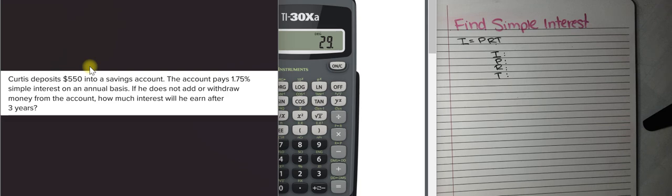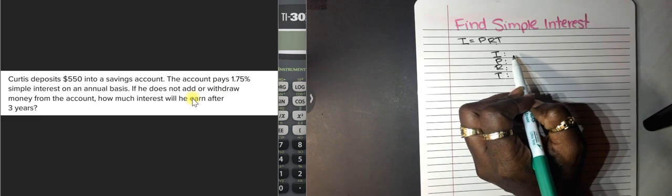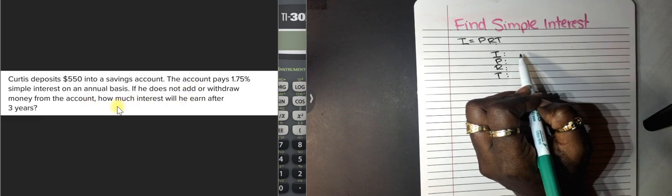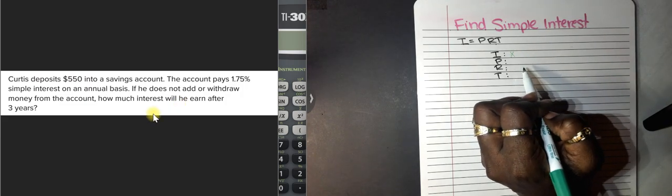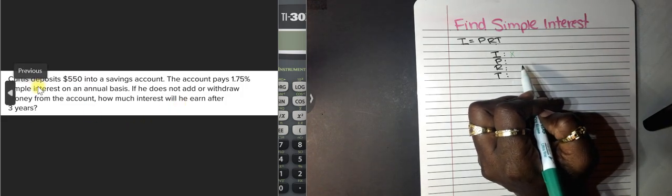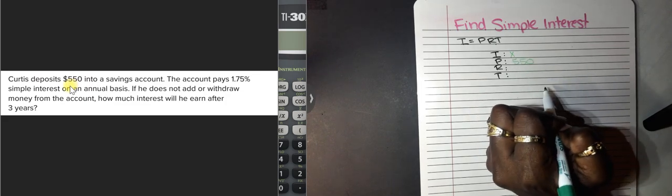If he does not add or withdraw money from the account, how much interest will he earn after 3 years? So here's what we need for us to figure this one out. I first want to know, do I know the interest? I don't, because right here it says how much interest. So that lets me know this is going to be our variable. And then what about the principal? He deposited $550. So that is your principal.